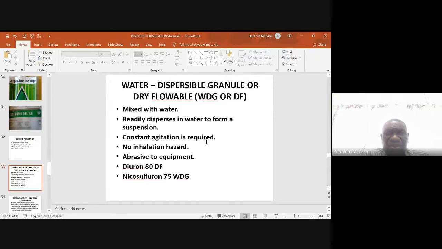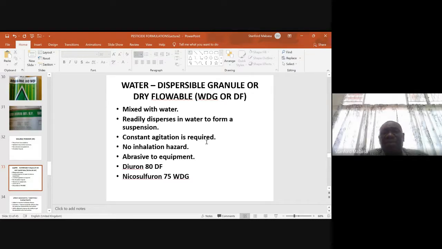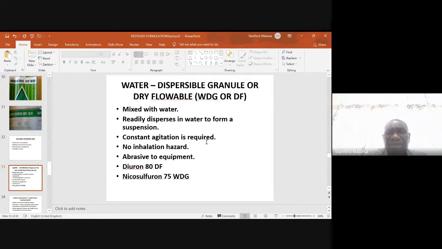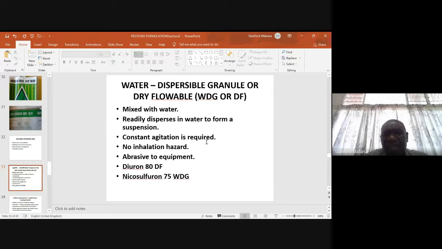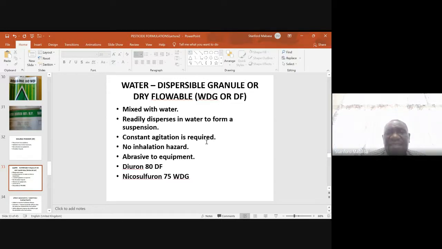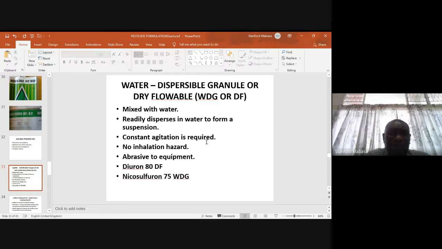We move on to what is known as the water dispersible granule, WDG, or it's known as DF, dry flowable. The water dispersible granule or the dry flowable can be mixed with water.